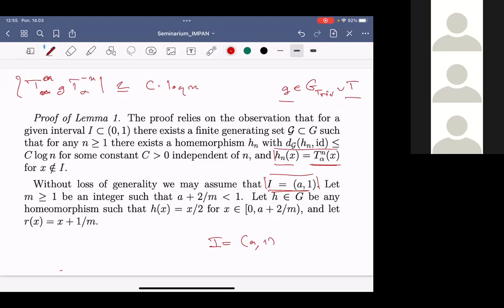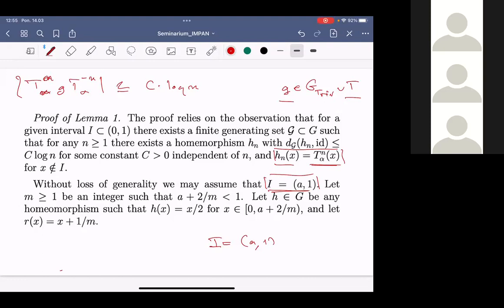If we have this, we will be able to obtain our theorem quite easily. I will show this a bit later, but now we focus on doing this.